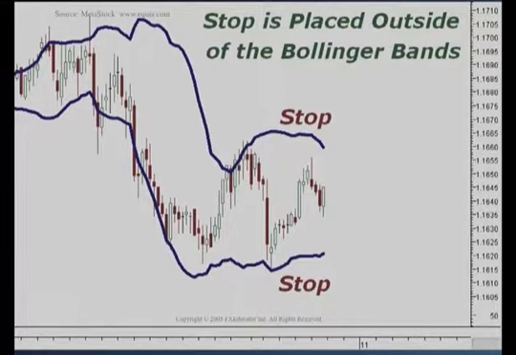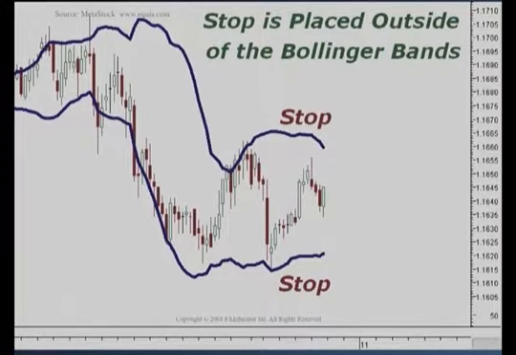So here's a chart of Bollinger Bands, and you can see that most of the activity is contained within the bands. Let me just explain to you what Bollinger Bands actually are. A Bollinger Band is a moving average, usually a 20-period moving average, surrounded by bands. The moving average is invisible on this chart.